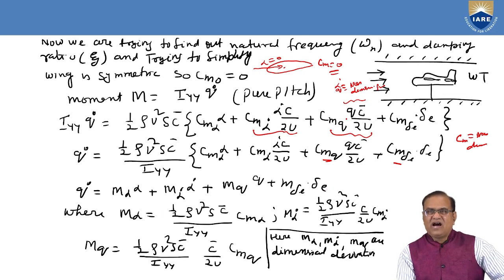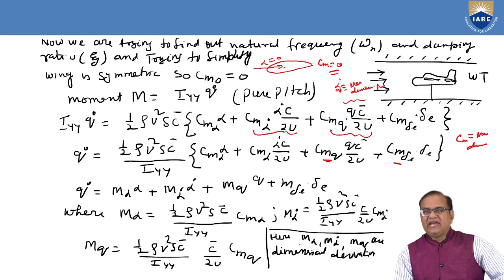Where m alpha is equal to what? Half rho V squared S c bar by Iyy into Cm alpha. m alpha dot is equal to half rho V squared S by Iyy, c by 2u, into Cm alpha dot, and m q is equal to half rho V squared S by Iyy, c bar by 2u, Cm q.